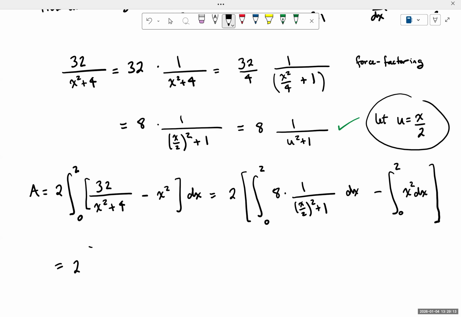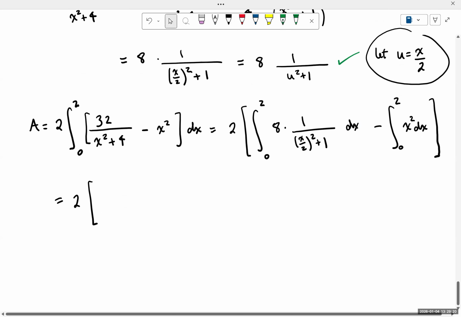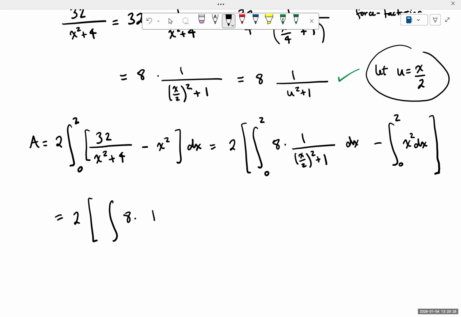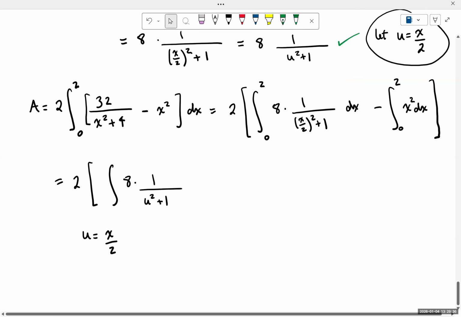Okay, so if I do my substitution, I've got 8 times 1 over u squared plus 1, because I let u equal x over 2. Then du is 1/2 dx.